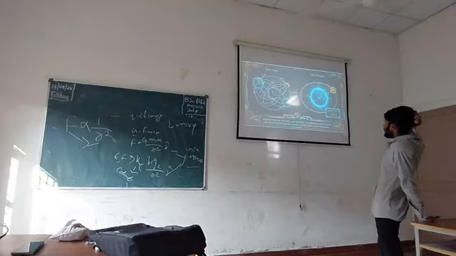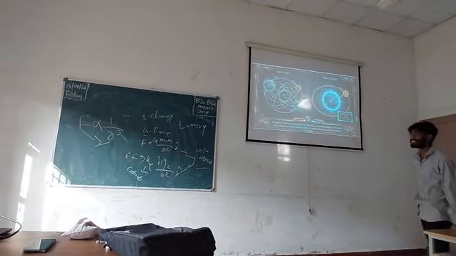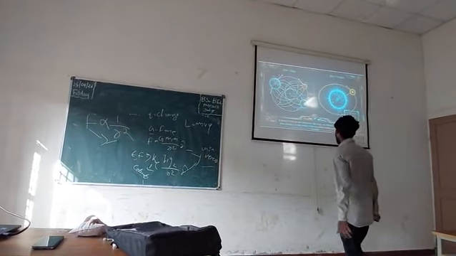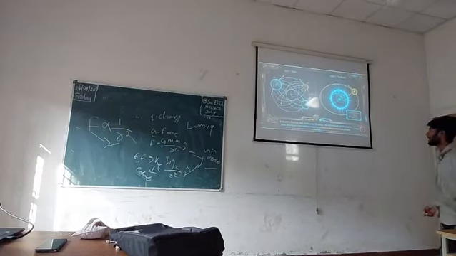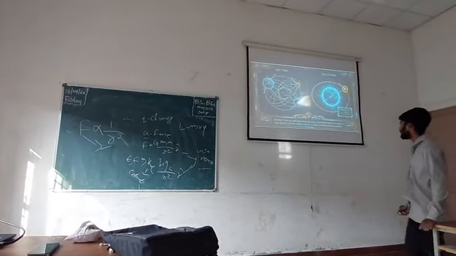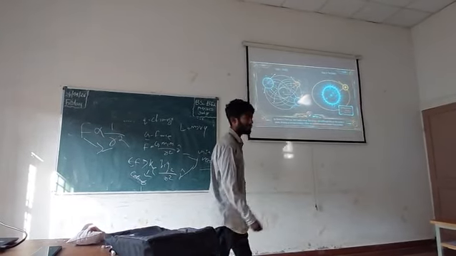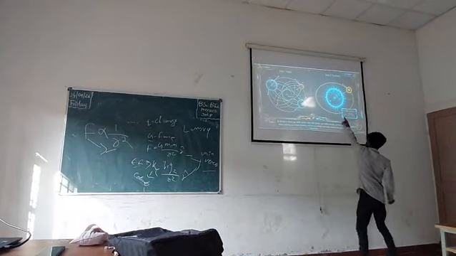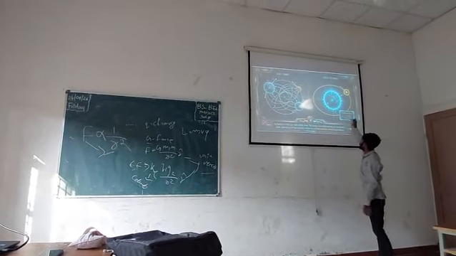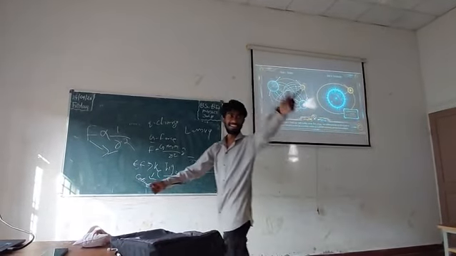So by Newton's third law, we treat planetary motion as a one-body central force problem. Here the reduced mass is mu, where mu equals m1 m2 over m1 plus m2. Is that okay?